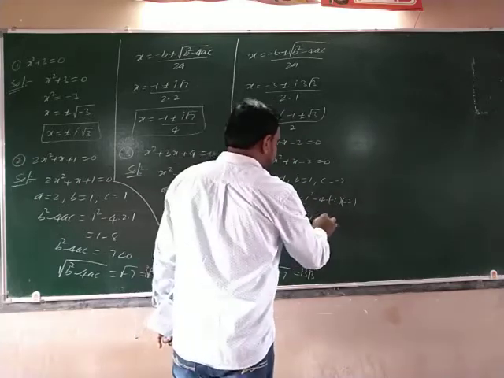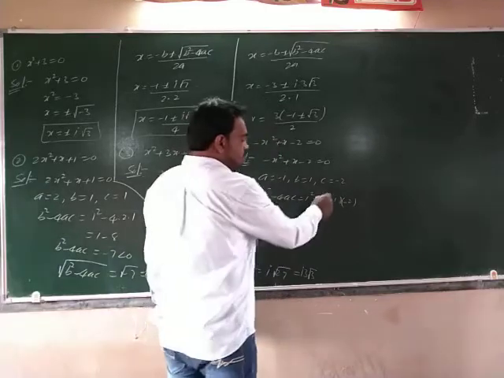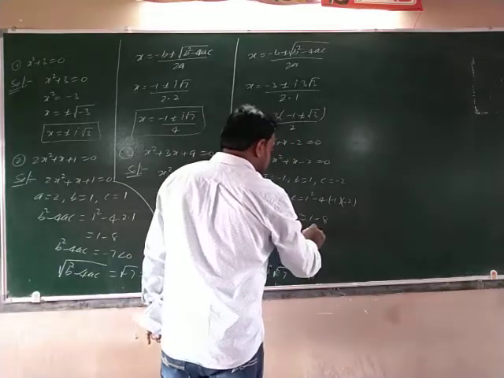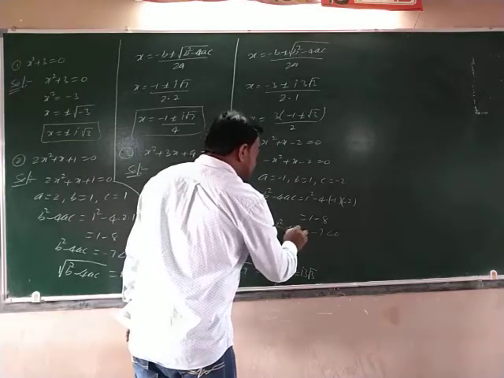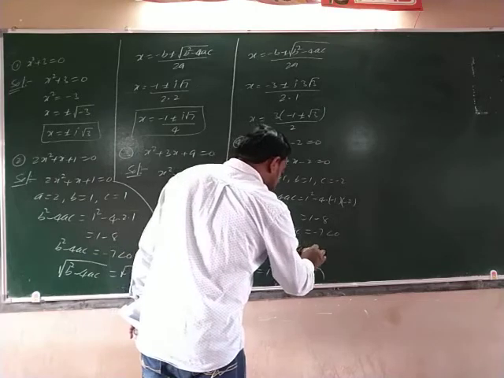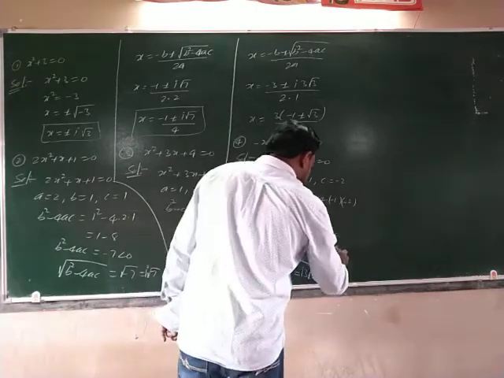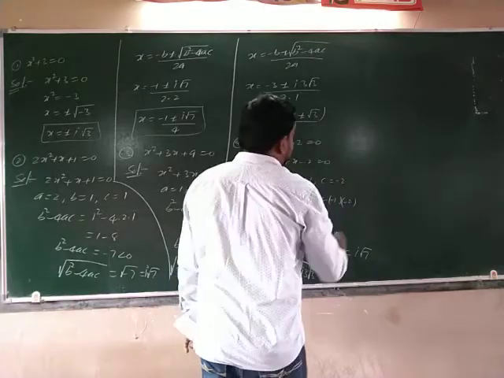So 1 minus 8, this is equal to minus 7, less than 0. Now b square minus 4ac under root is square root of minus 7, that is I root 7.